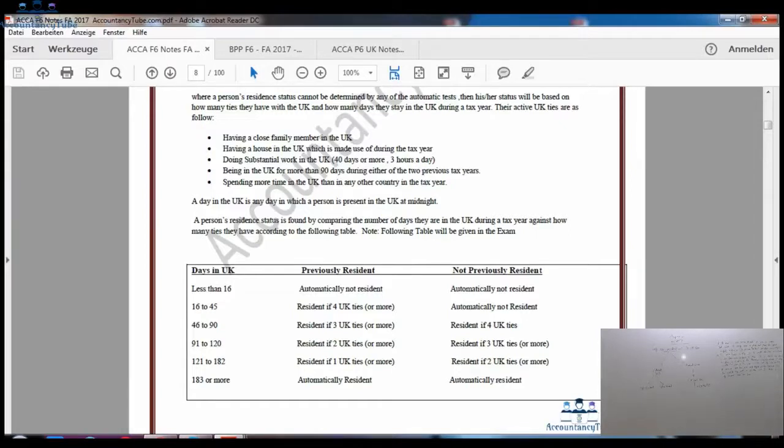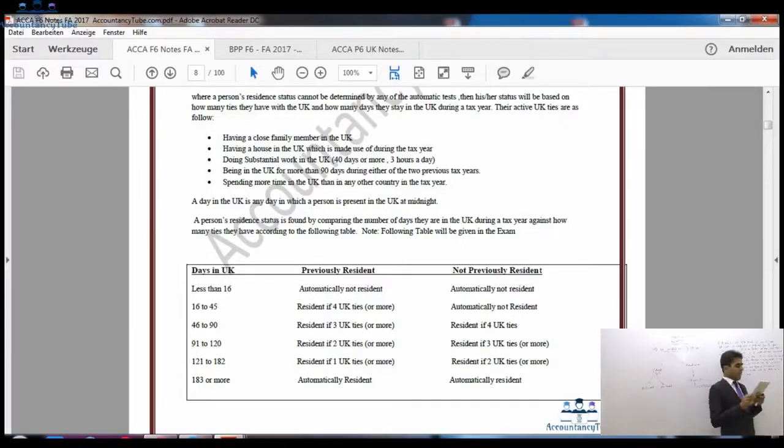So it says that where a person's residence status cannot be determined by any of the automatic tests, then his or her status will be based on how many ties they have with the UK and how many days they stay in the UK during a tax year. So how many ties you have with the UK and how many days you have stayed within the UK.